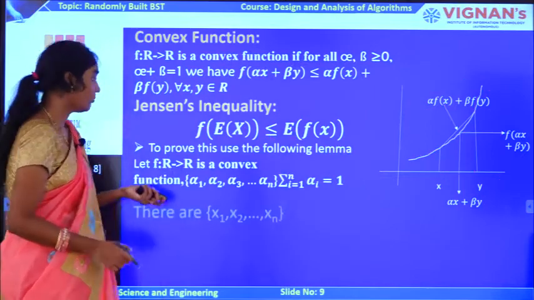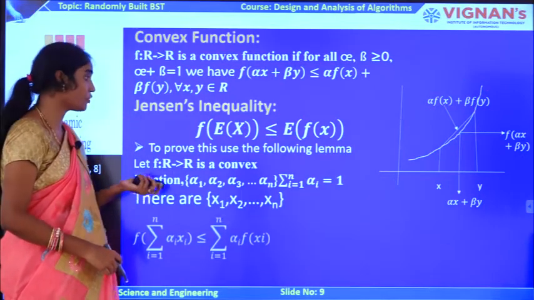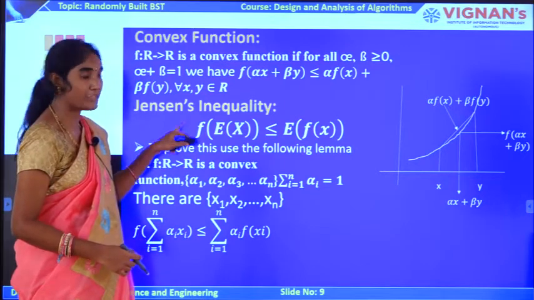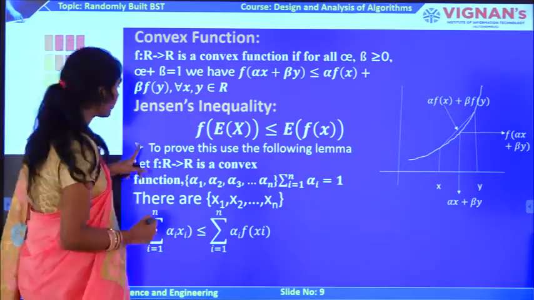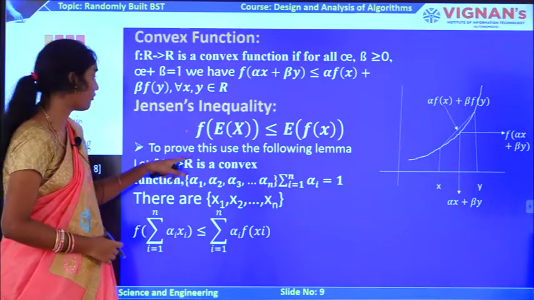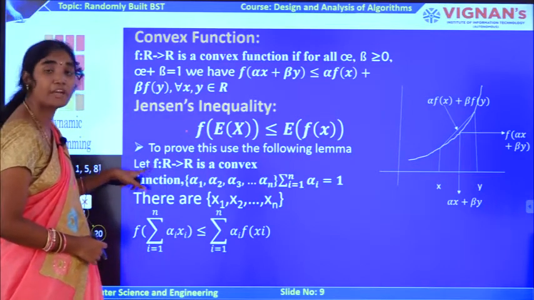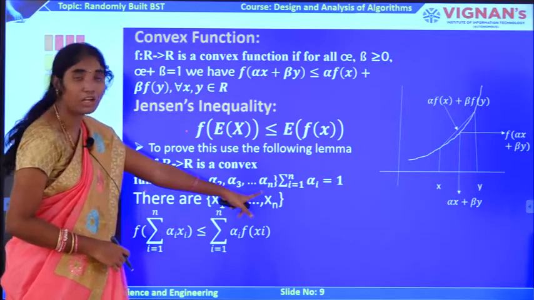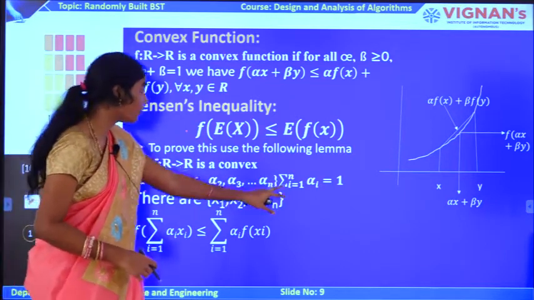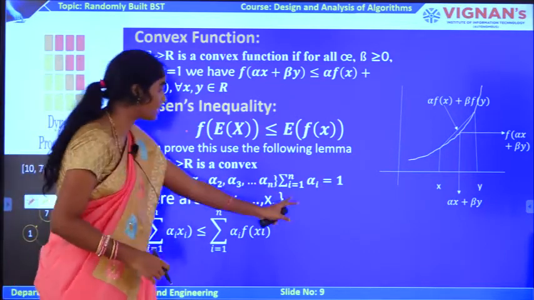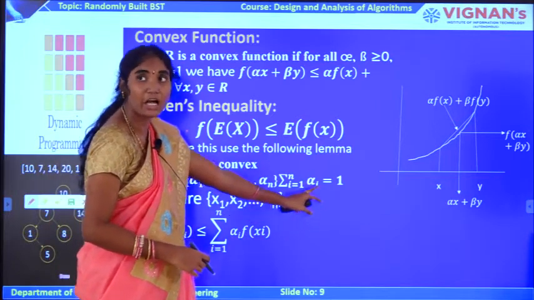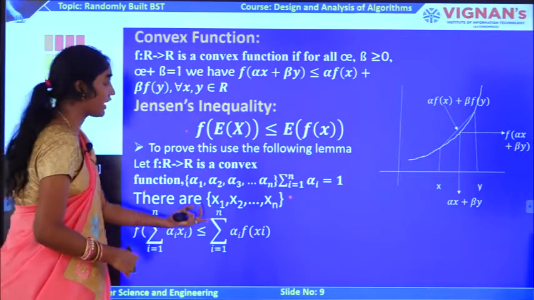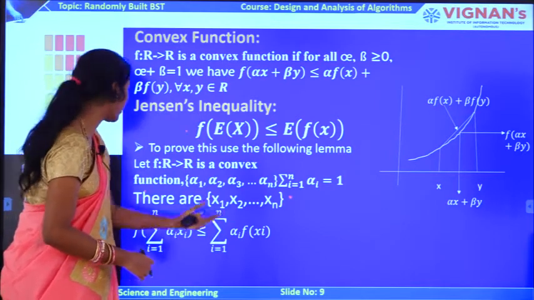Now, using all that, we are going to prove f of E of x is less than or equal to E of f of x with the following lemma. Here f is a convex function and alpha 1, alpha 2 and so on up to alpha n are values such that the summation from i equal to 1 to n of alpha i is equal to 1. There are a number of random values x1 to xn.